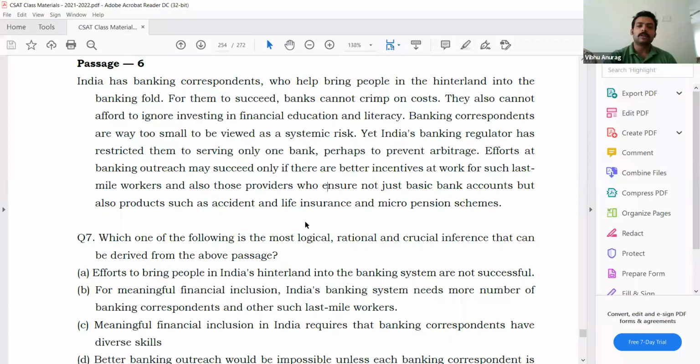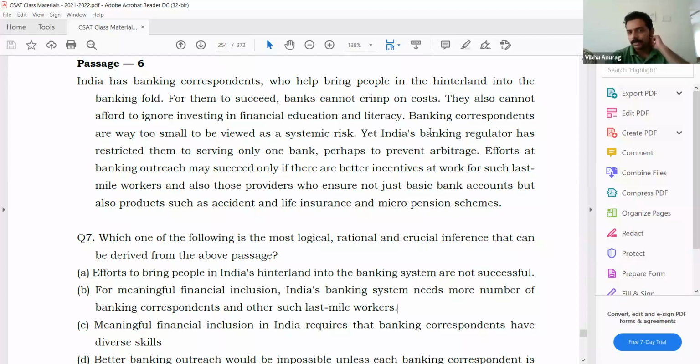The author has not indicated anywhere that the efforts have failed. So A is wrong. Then option B, for meaningful financial inclusion, India's banking system needs more number of banking correspondents and other such last mile workers. So yes, that is implied in the passage.